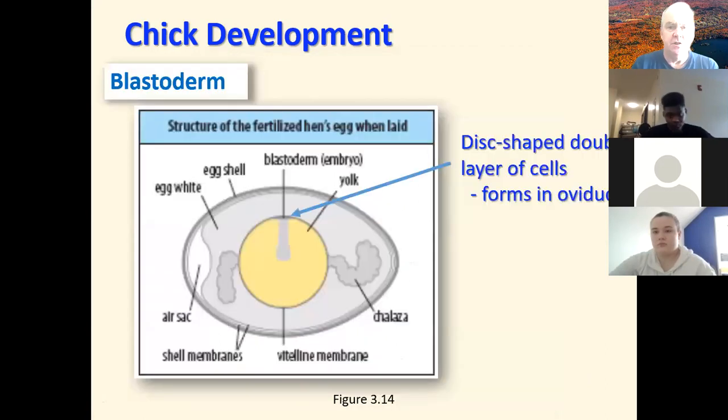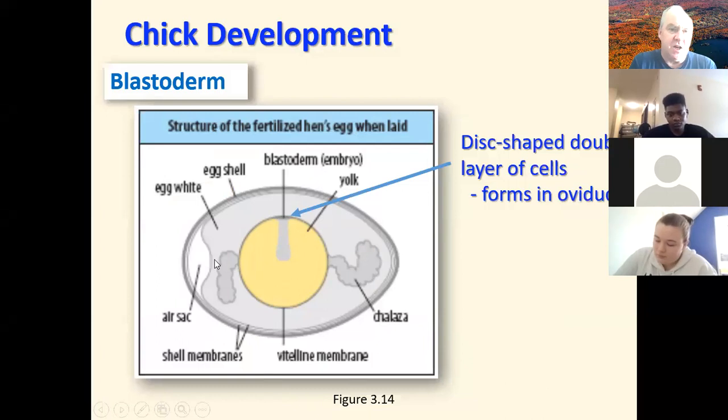Fertilization in the chick, as you probably know, is internal, right? So, you know, again, that was a nice thing about the frogs and the fish. We could do it experimentally in the dish, and it was pretty easy to do. Here, this is internal to the chicken, and you end up with all the cells on top of the yolk. Here's the yolk.